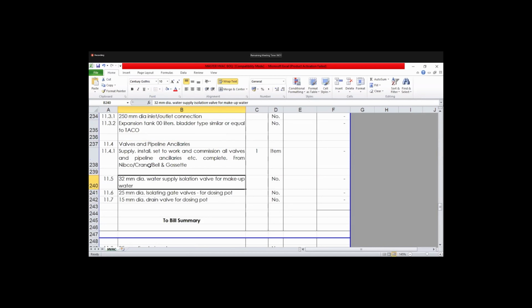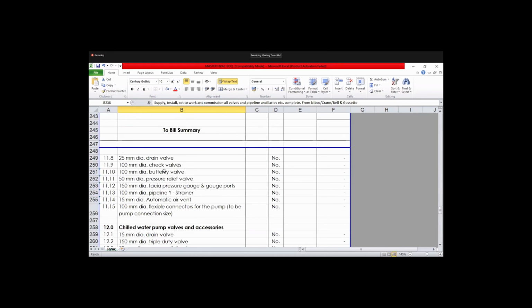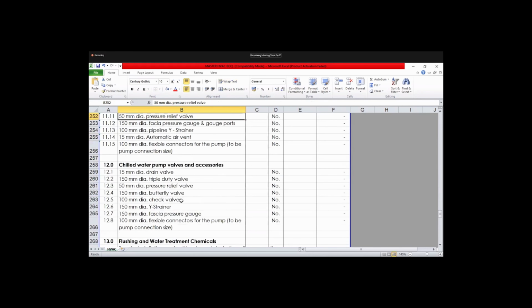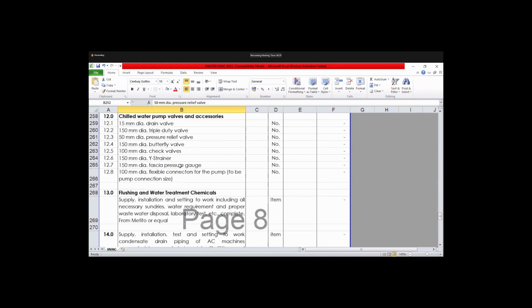These are the makes of the valves, Nipco, Crane. This make also we have to include in the BOQ. Drain valve, check valve, butterfly valve, pressure relief valve: these are the types of valve. Pump accessories: drain valve, triple duty valve, pressure relief valve, Y strainer. All this we have to mention with size and quantity.